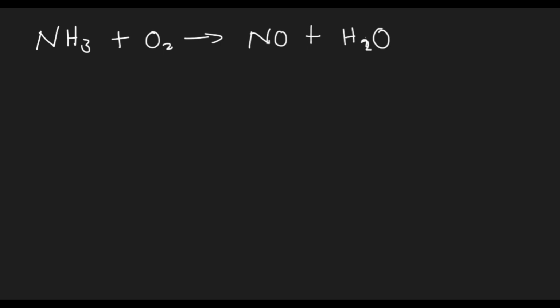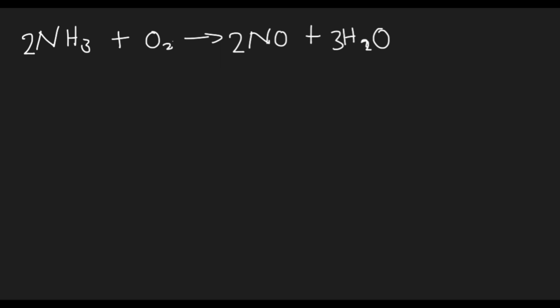So to balance these atoms of hydrogen, we can put 2 here, so that 2 times 3 is 6. Also 2 here, so that 2 atoms of nitrogen. Then 2 times this number is 6, so we put a 3 here.